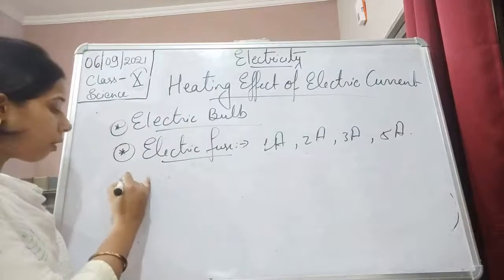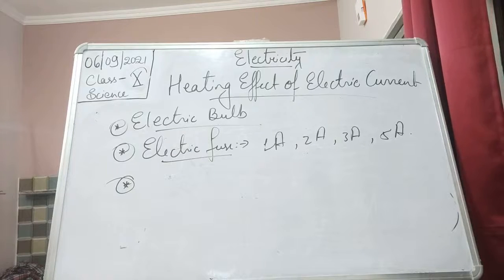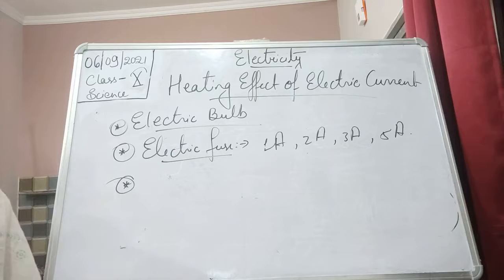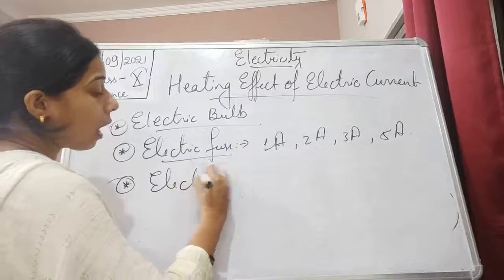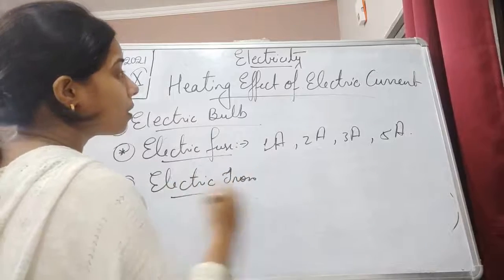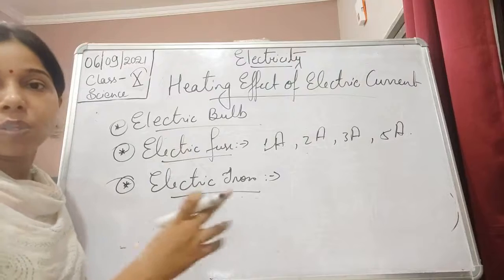Related to this, there is another device, which we call an electric iron. So the electric iron also works on the principle of the heating effect of electric current. On providing electricity to it, it will generate heat.